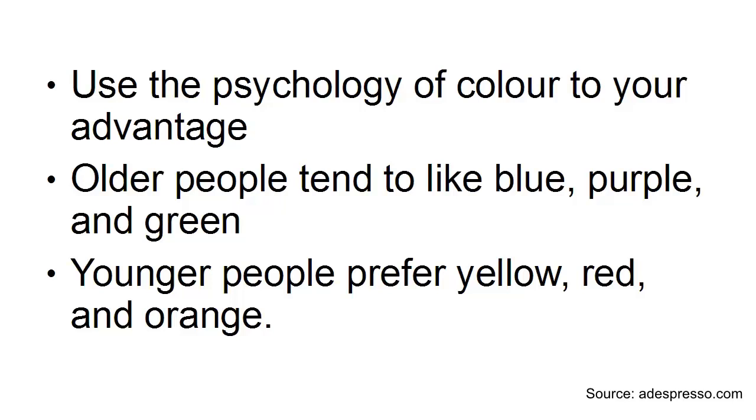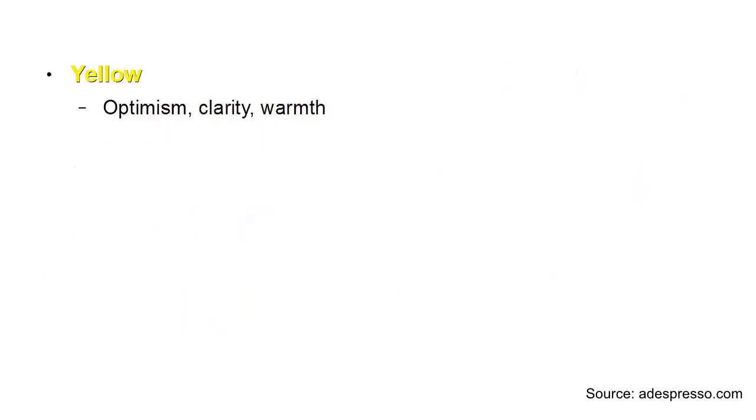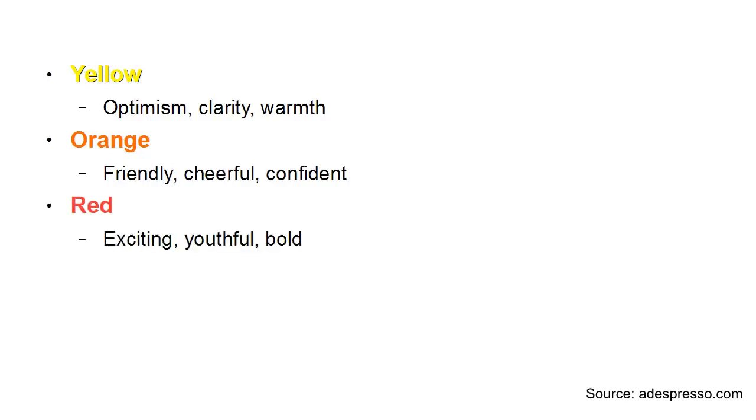In fact, you can actually take it a step further because different colors tend to relate to different things. For example, yellow tends to convey optimism, clarity and warmth. Orange is considered friendly, cheerful and confident. Red is exciting, youthful and bold.